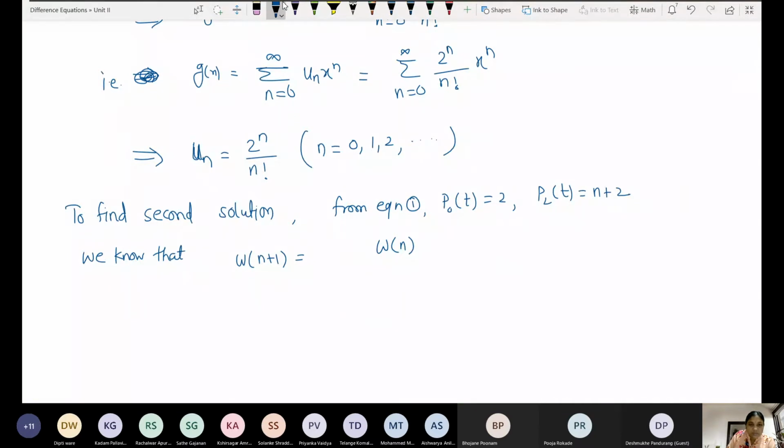Minus 1 squared means it is 1 only, so I am not writing it again. So W of n plus 1 satisfies P0 upon P2 times W of n, that is 2 upon n plus 2 times W of n.